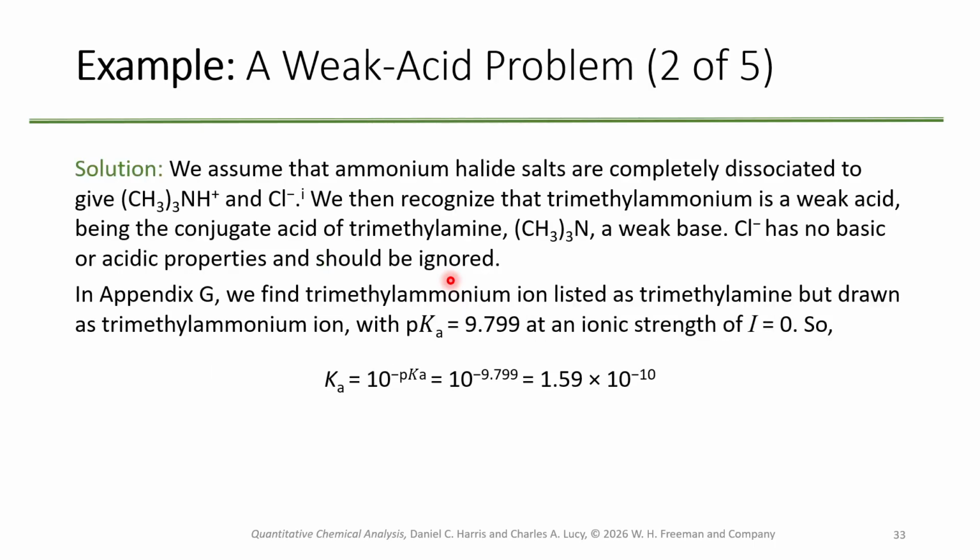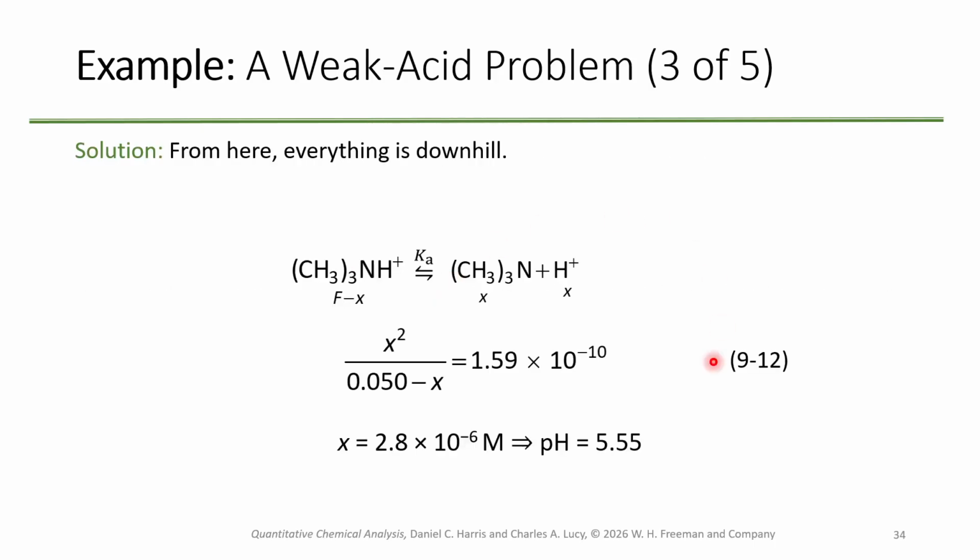Okay. So what we can do now is we can use that Ka expression. That's our Ka value right here. This is going to be that products over reactants, but we're going to use the same number because whatever H plus we make is going to be the same amount of the A minus that's left over, right? And that's what's being said in this equation right here. You may notice that this is actually just an ICE table.